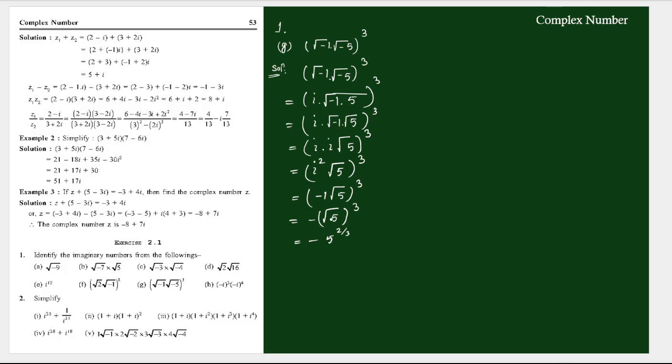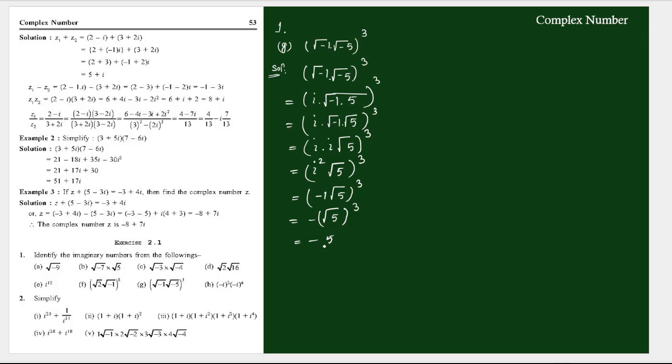So did we find any i here? Root over -1, we didn't get. 2 by 3 or 3 by 2? I think 3 by 2. 5 to the power 3 by 2. This can be broken down, right?